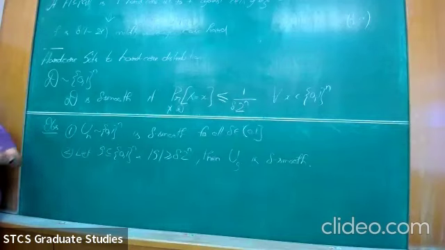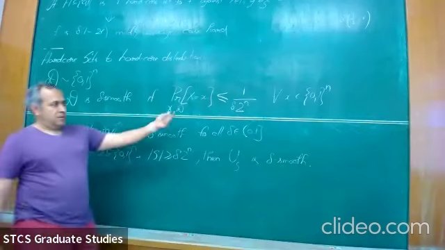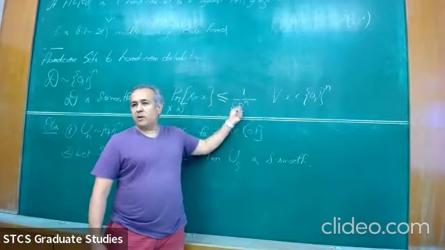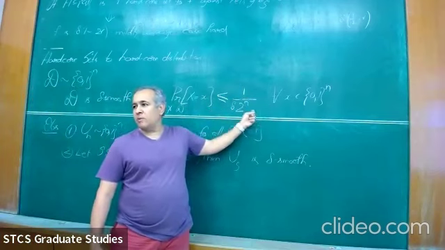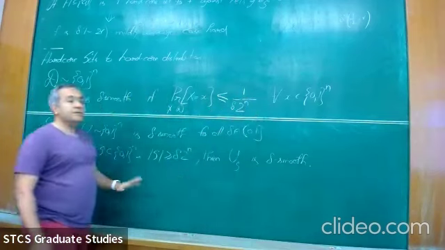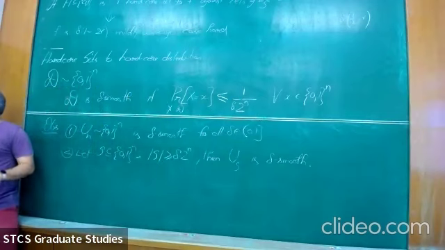I want to claim a convex combination of delta smooth distributions will also be delta smooth, because each one of them is less than 1 over delta to the n. Therefore, a convex combination of them will also be. So all I want to say is the set of delta smooth distributions is actually a convex set. The set of distributions is a convex set in the simplex over {0,1}^n.